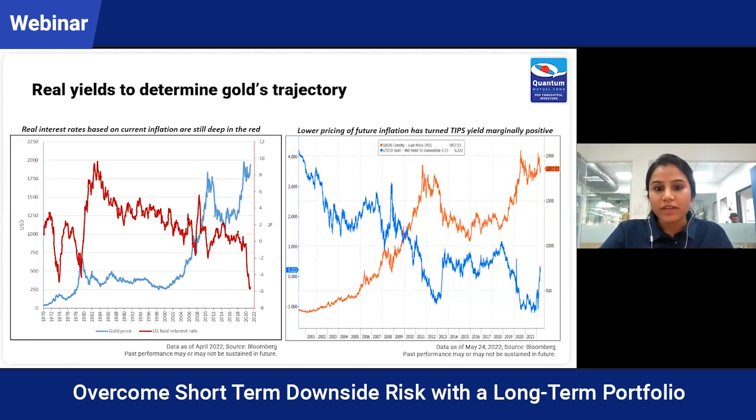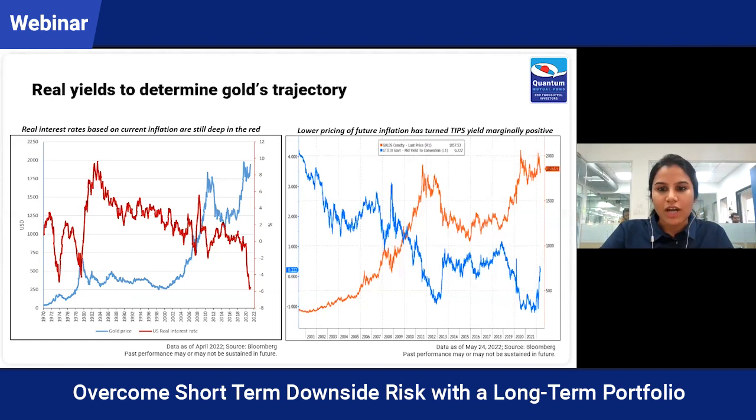But of late, we have seen gold prices cooling down. The reason for that is the Fed's aggressive pivot, wherein they are raising rates to cool inflation down. So the market expectations of future inflation in the US are actually lower, with the belief that peak inflation is behind us. As a result, we're seeing real yields on US government bonds, which are based on future inflation expectations, turn marginally positive.